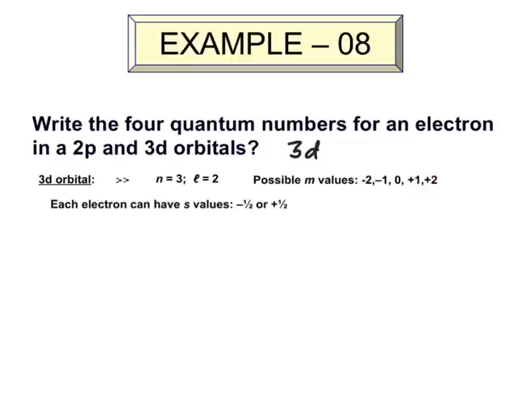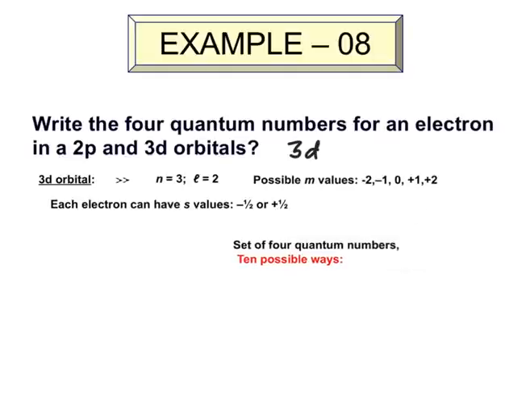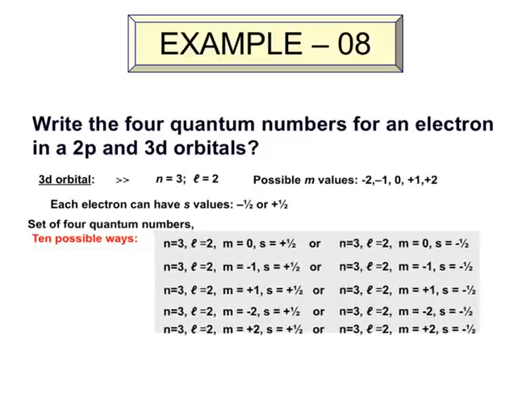The electron spin quantum number is either negative half or positive half. So 2 electrons in each of 5 orbitals gives 10 possible sets of four quantum numbers. Take your time to see these 10 possible sets.